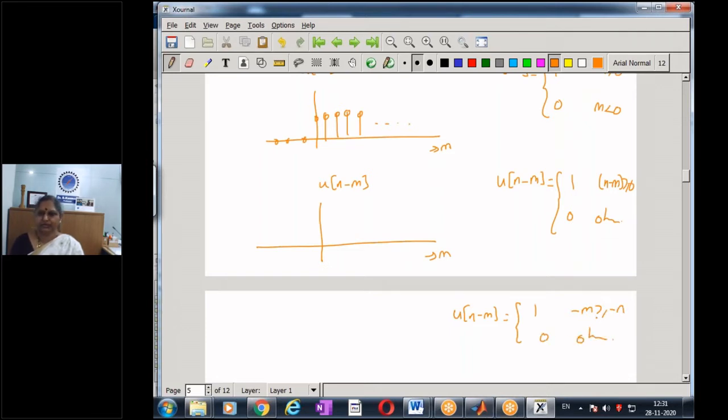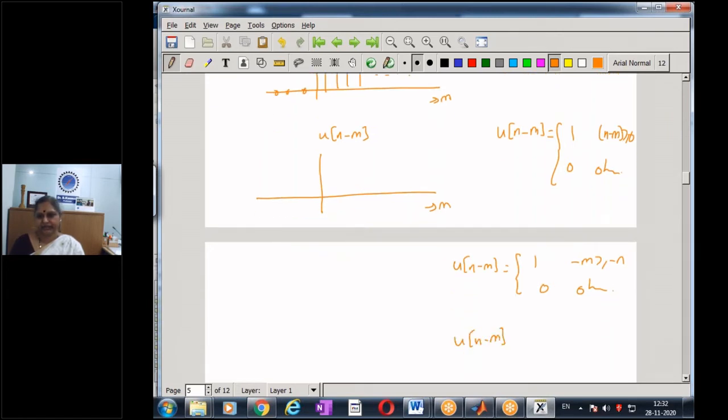Now if I divide this inequality by a minus sign, the inequality changes from greater than or equal to, to less than or equal to. So u of n minus m is 1 for m less than or equal to n, and 0 otherwise. So this is my u of n minus m.